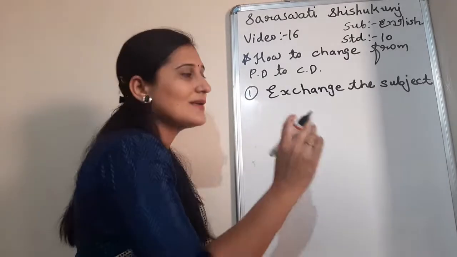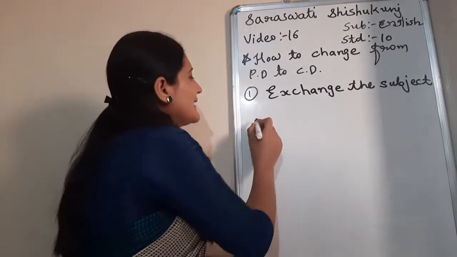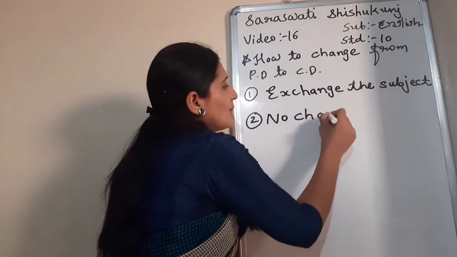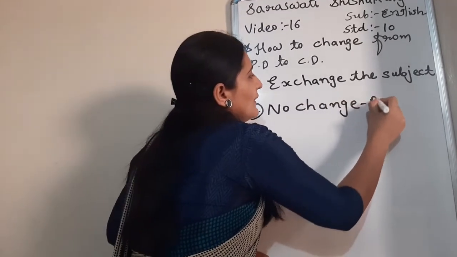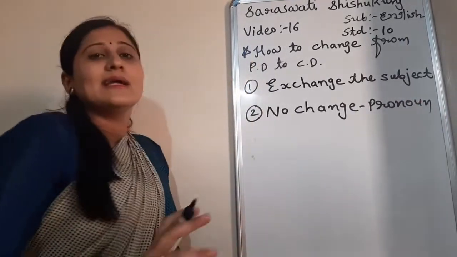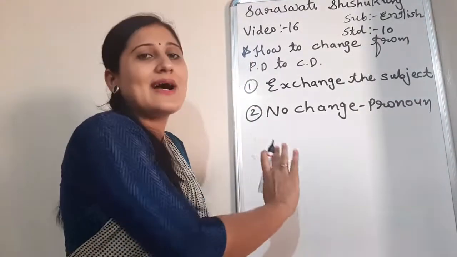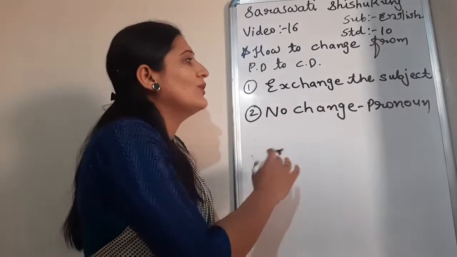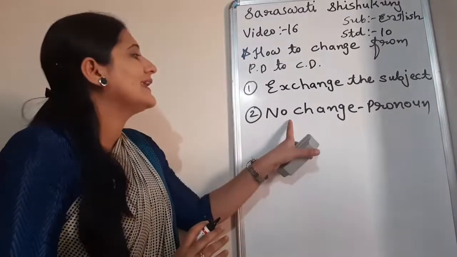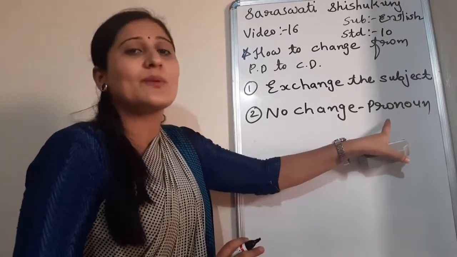Two subjects will be given that you are going to change. Second, no need to change pronoun. Now, in active passive I told you, if I then me, if you then you, if he then him. But here there will be no change in pronoun.